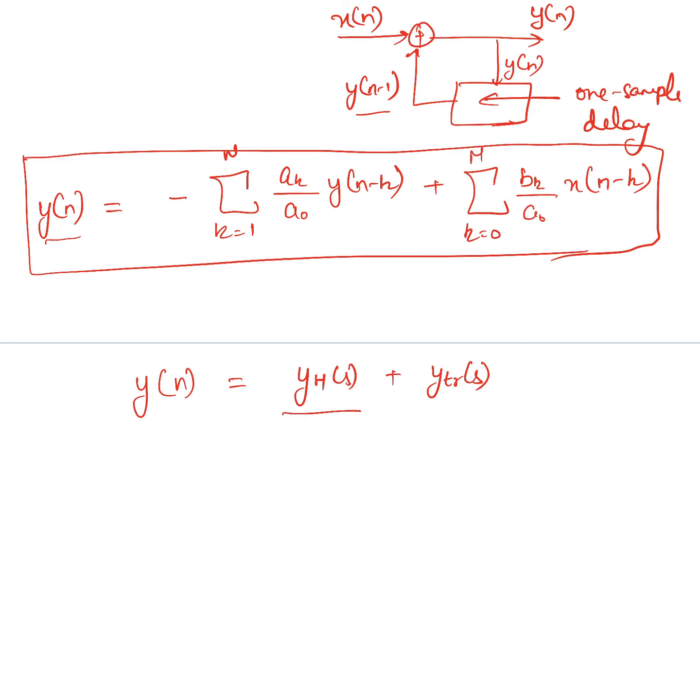You can read this as the steady state solution, and this as the transient solution. This is how we generally do it for the continuous time case when we solve the differential equation.